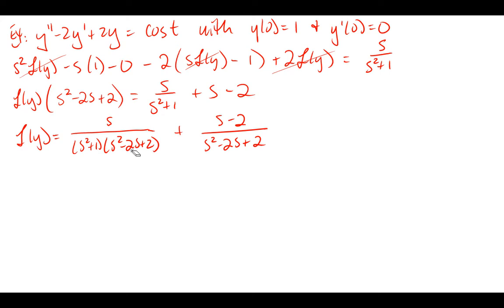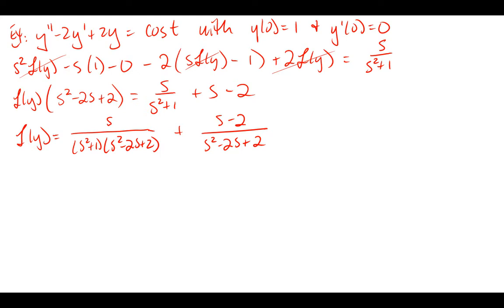That's screaming for us to do partial fractions, because that's going to at least help me split this into two pieces. One of them will be over s squared plus 1, and one of them will be over s squared minus 2s plus 2. Now, this is also over the same character, so I might be able to put those together at least, and then maybe some good things will happen.